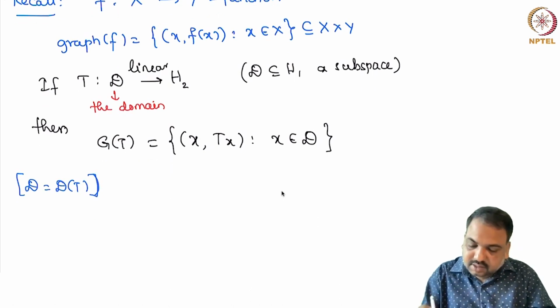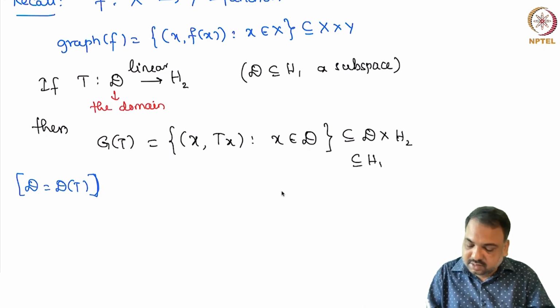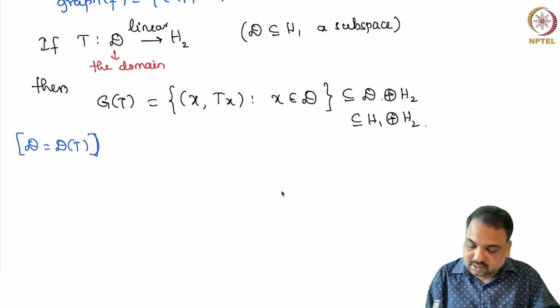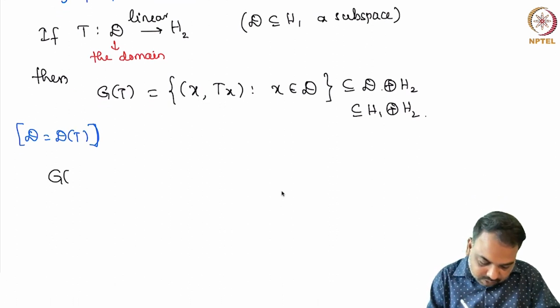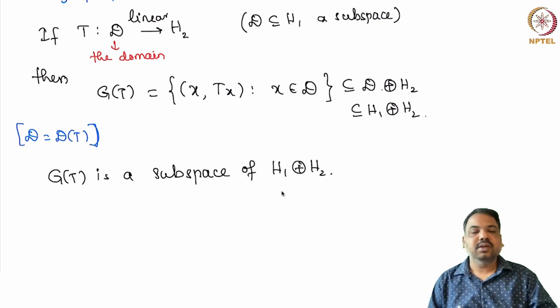Okay, now this is a subset of D cross H2, and again D is a subset of H1. So here instead of D cross H2 we can always say that it is D direct sum H2, a subset of H1 direct sum H2. So G(T) we can easily show to be a subspace of this direct sum, H1 direct sum H2.